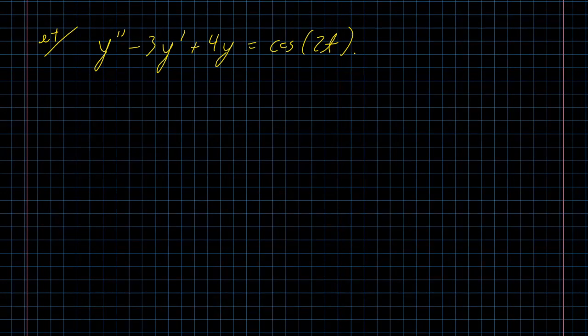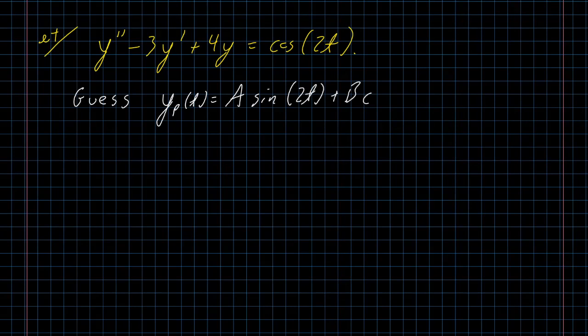The left-hand side you can deal with. You can find the homogeneous corresponding solution. The right-hand side involves cosine. All right.